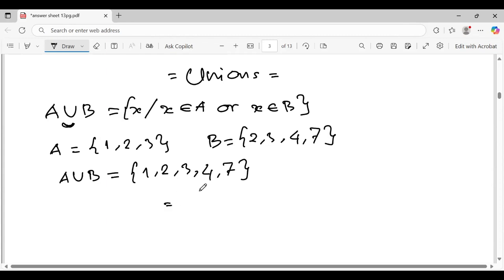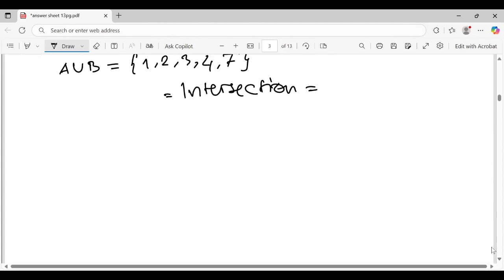Next, about intersection. Intersection of A and B, you have to write it like this. So this is the symbol of intersection.